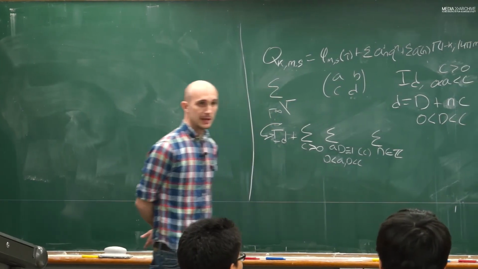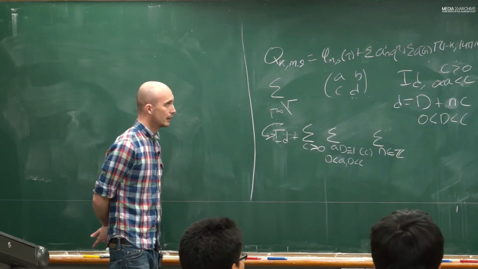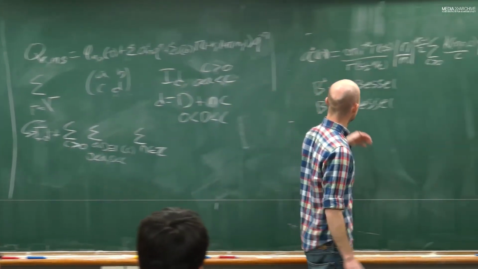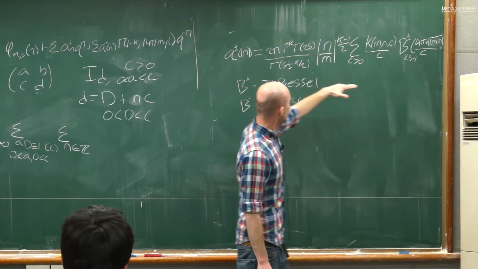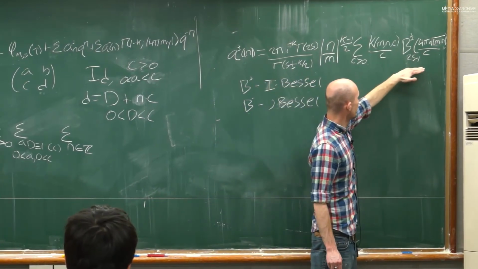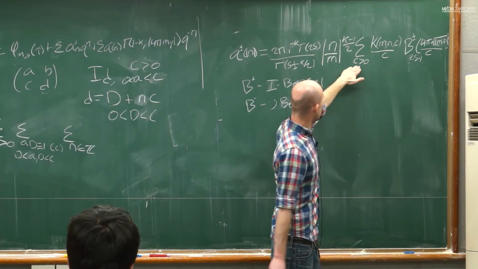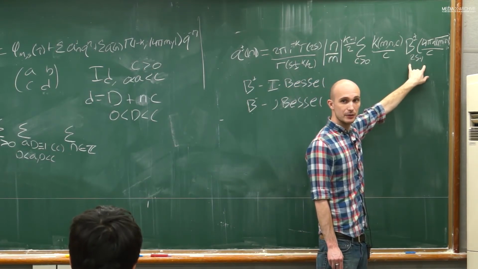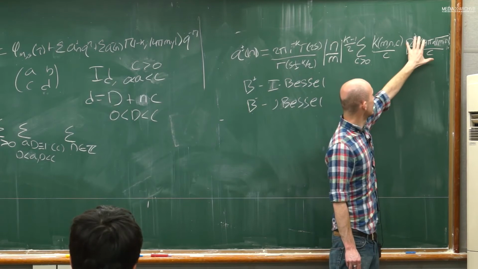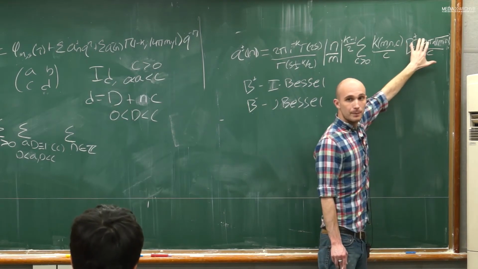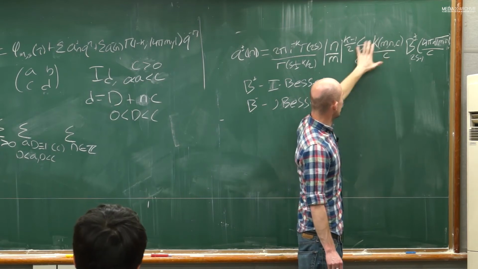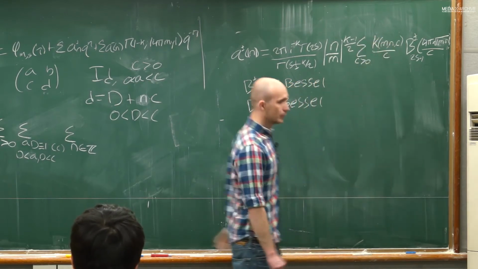The same technique basically applies anytime we want to modify it. Basically what happens is you'll have this term. The first few terms, for low values of C, everything's going to be dominated, of course, by the I-Bessel function. But once C is large enough, this will be bounded. And then the question becomes whether the infinite sum here will converge or not.